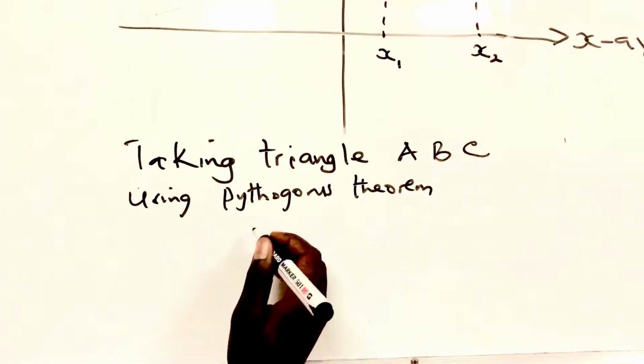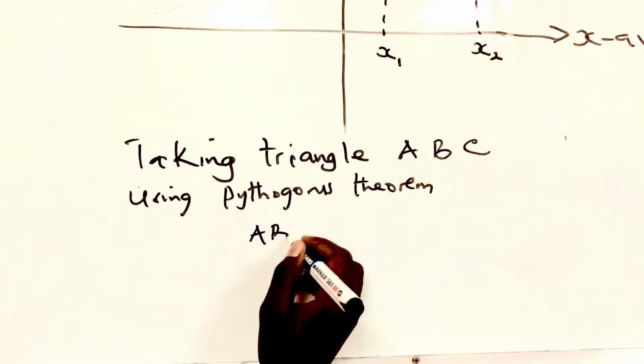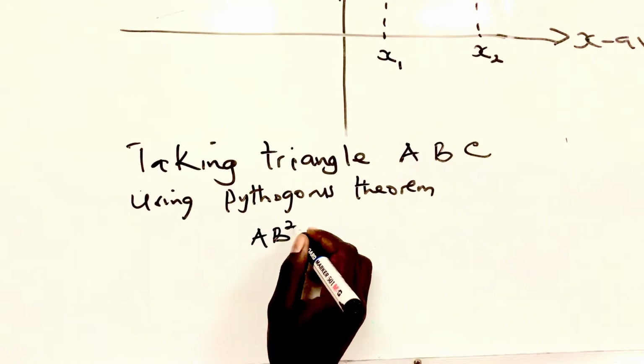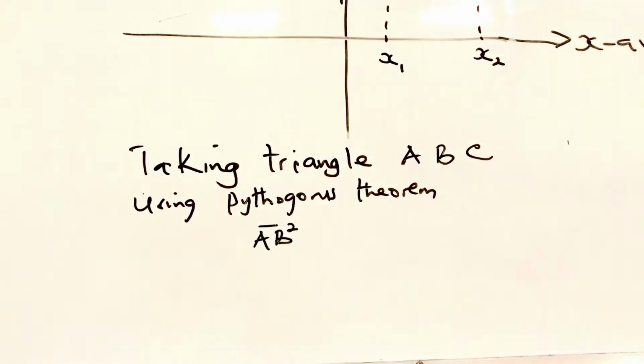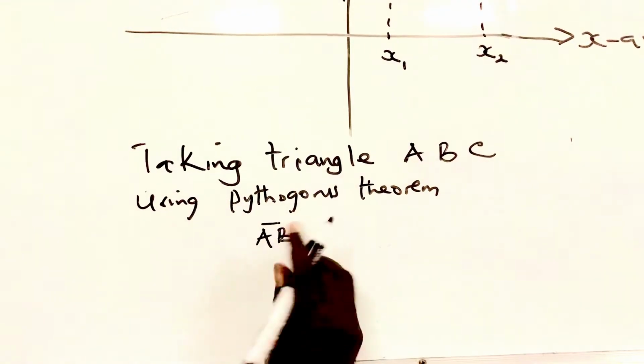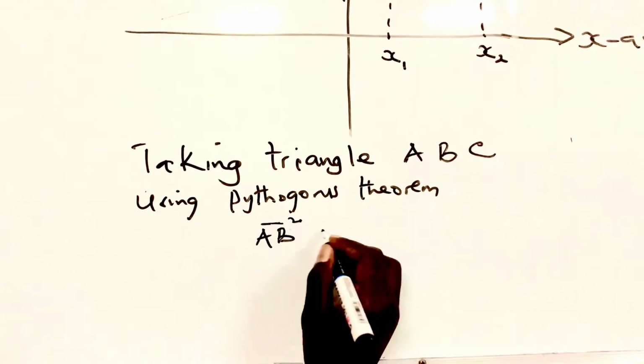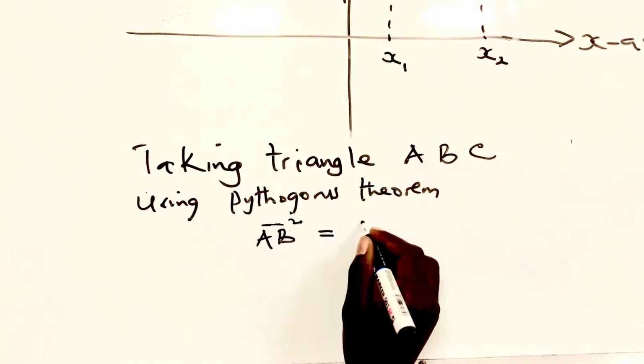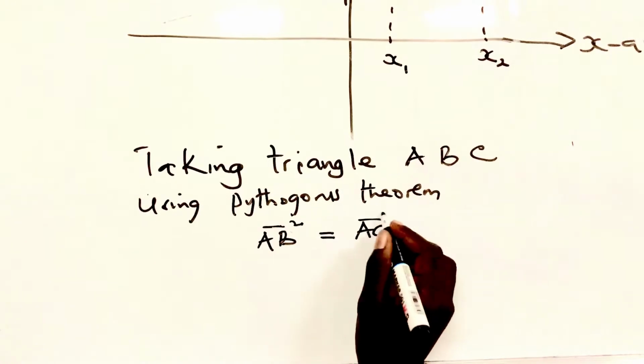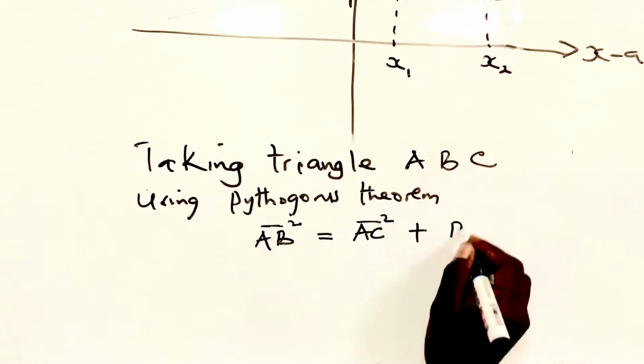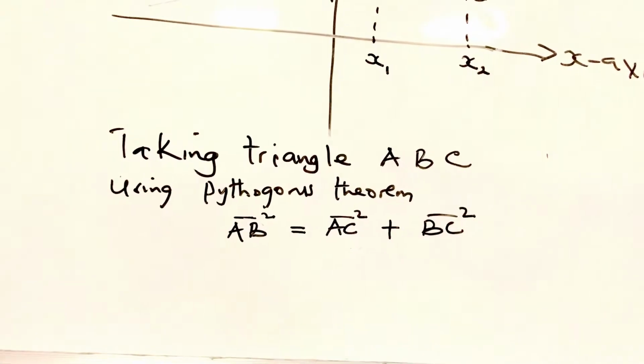we shall realize that AB squared, it is a line, so we include that, the line AB squared should be equal to AC squared plus BC squared.